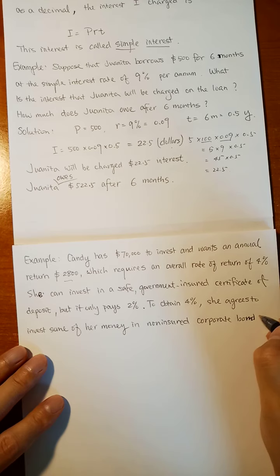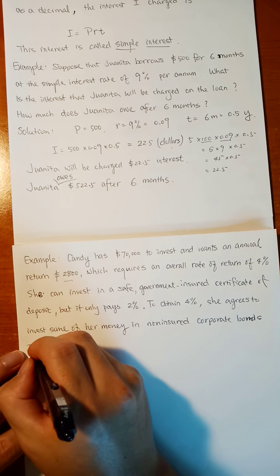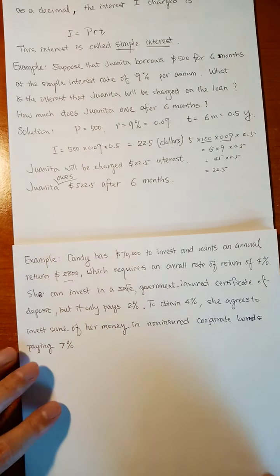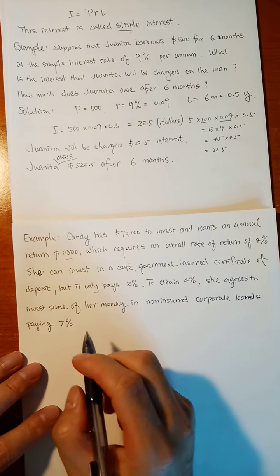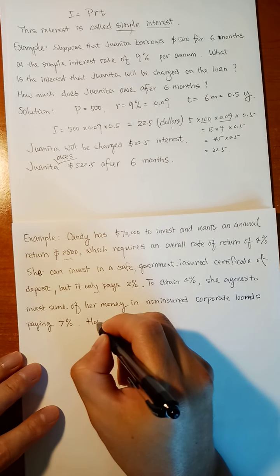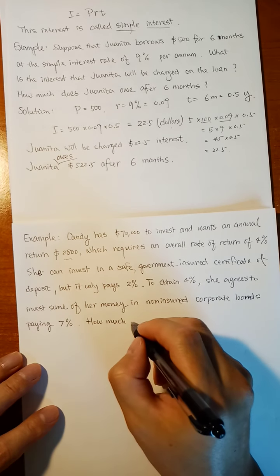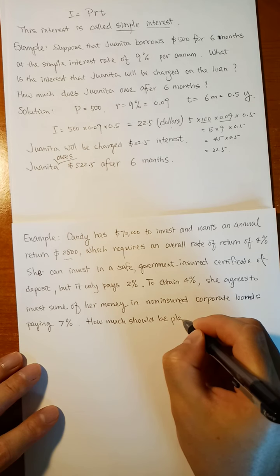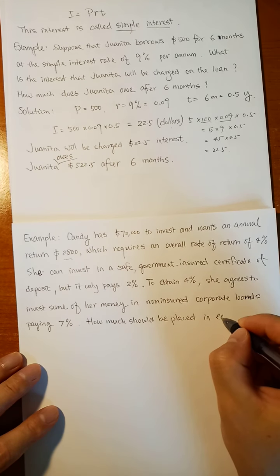Corporate bonds. Because it's non-insured, sometimes you may lose them. But if you earn, you will get a high return. So they're paying 7%. How much should be placed in each investment?